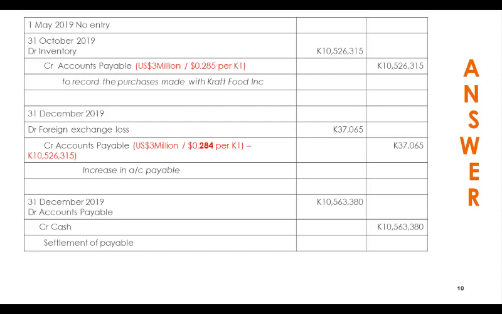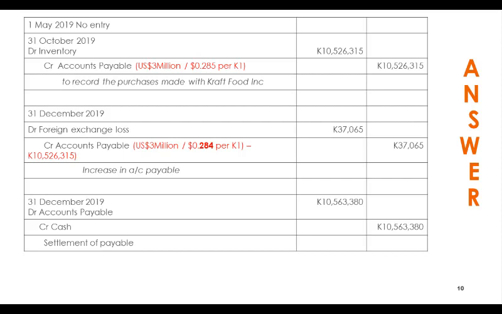But on 31st October 2019, the inventory was shipped and we have this entry. This is the time that the buyer will have to recognize the asset account and also recognize the obligation or liability in paying this amount.